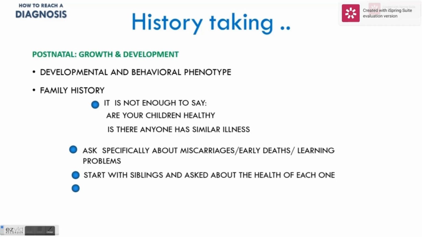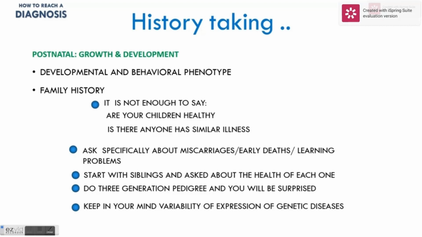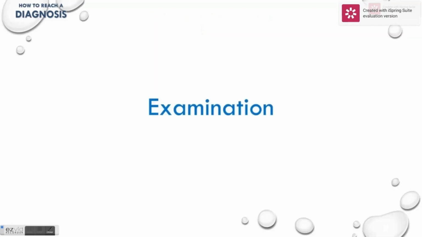You need to take at least a 3 generation pedigree and ask about miscarriages, which are not usually mentioned by the family members unless you ask. Keep in your mind the variability in expression in genetic disorders. So when we ask about this child and that child, other family members may have a mild degree of your suspected diagnosis. The rest of my slide will be dealing with the examination.